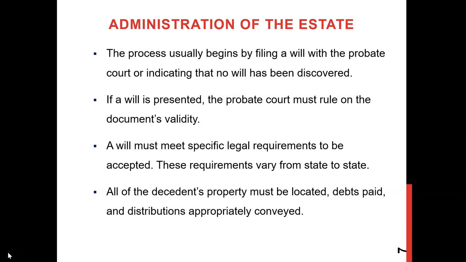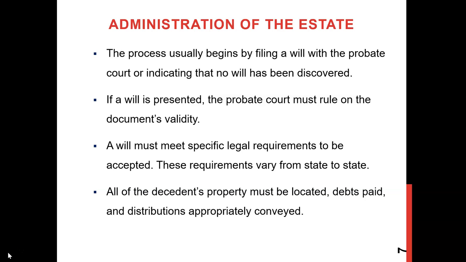The will also needs to fulfill all legal requirements. The will cannot be vague and non-specific. For example, a person could write and sign a document saying I want my children to have my money. So it's not precisely specific, or it does not meet all legal requirements.